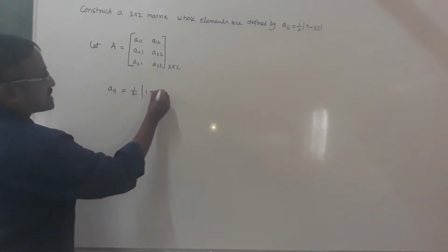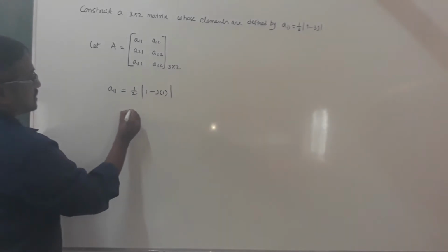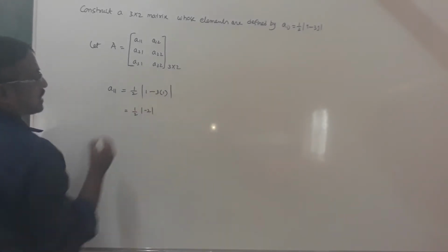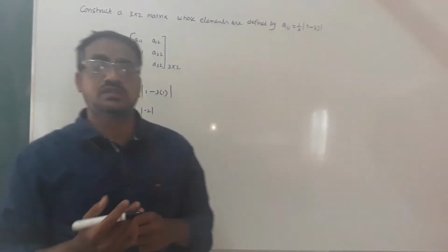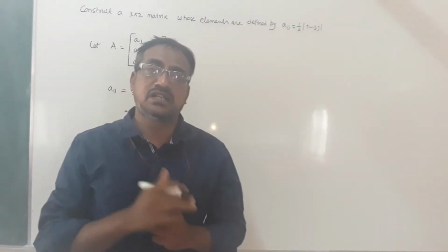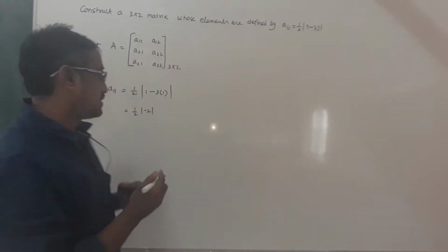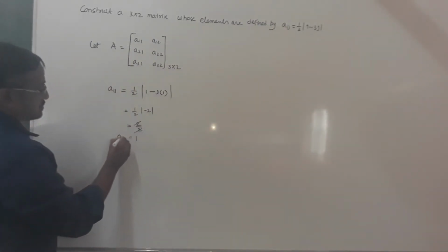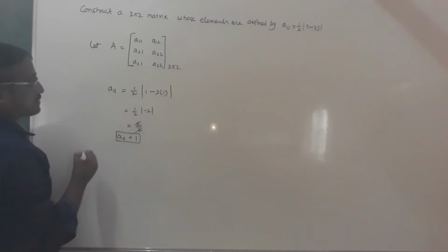So 1 minus 3 into 1. It will be 1/2 into mod of minus 2. Modulus of minus 2 is again 2. I explained that modulus valued function. So you will get 2 by 2, it will be 1. So A11 is equal to 1.